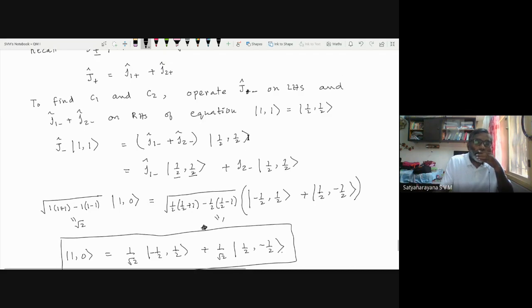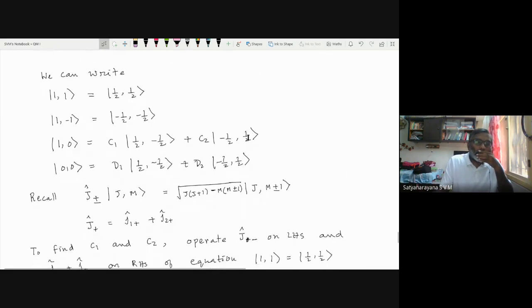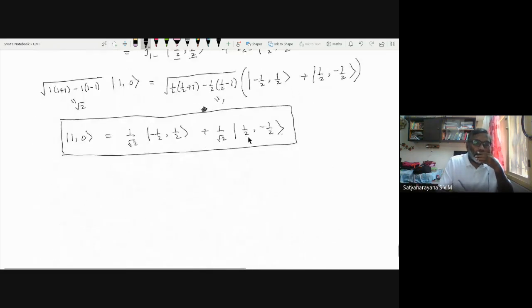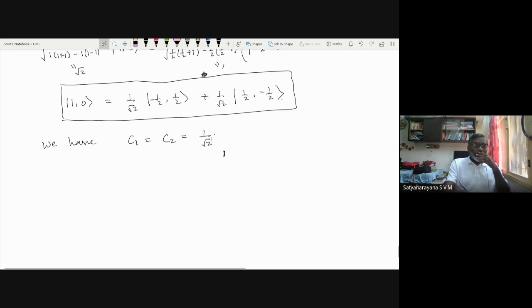So I have determined C1 is equal to C2 is equal to 1 by root 2. Okay, now we have to determine D1, D2.